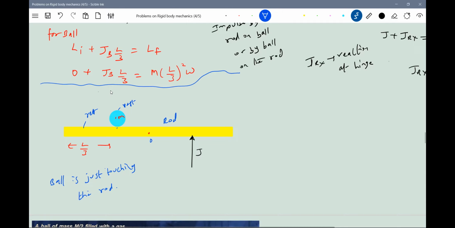There's a point of contact P, and the center of mass of the system will come somewhere in between P and O. So this rod will rotate about O and about P, or about the center of mass of the system. The moment you apply it, the rod will acquire linear momentum. Then an impulse will also act. So what are the diagrams? The diagrams will take shape like this.